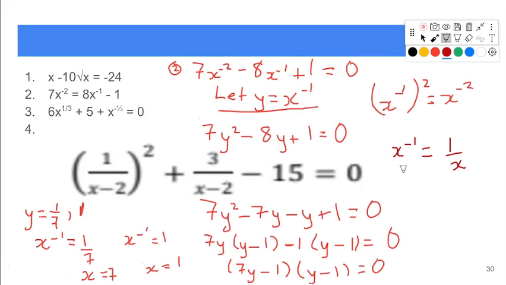And basically what I'm saying there is 1 over x, because I have x to -1 over here, is equal to 1 over 7, right? Following? Yes. So we can just cross multiply. Multiply this side by x, multiply that by 7, and we get x equals 7, right? Okay?